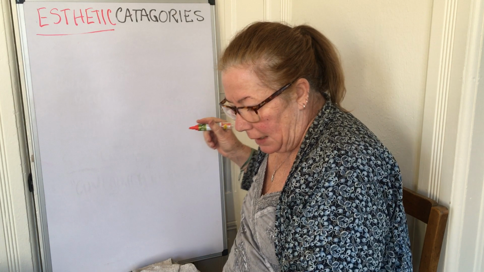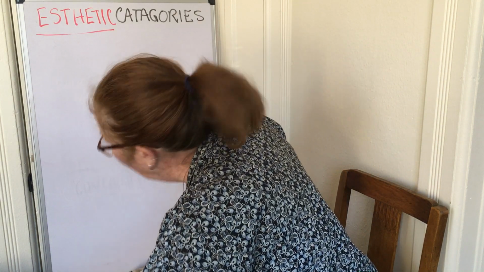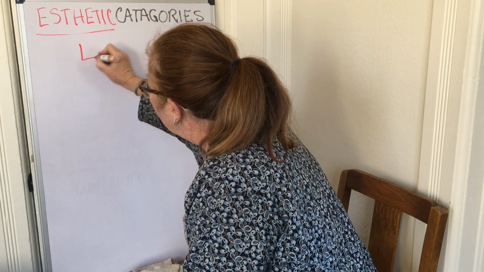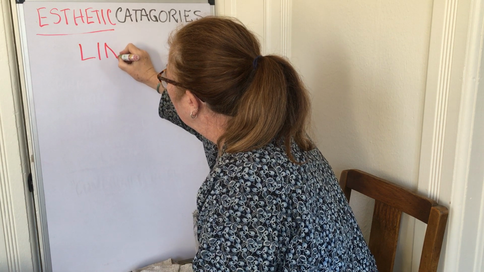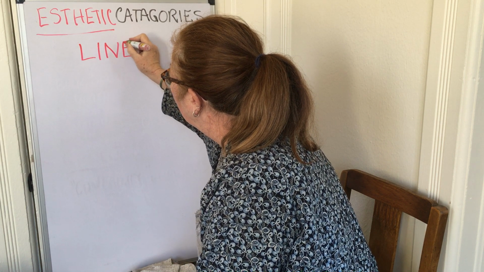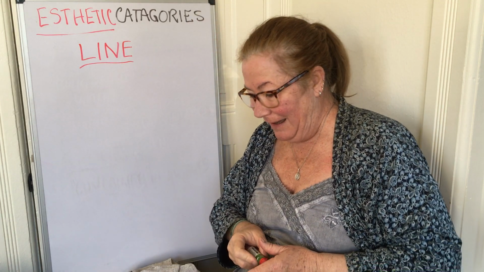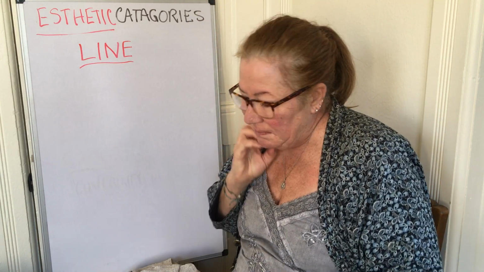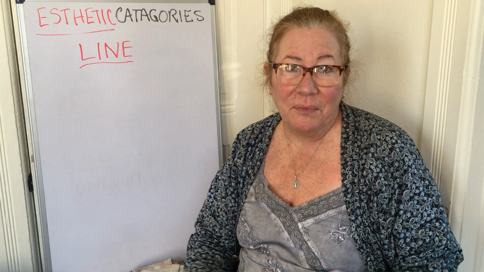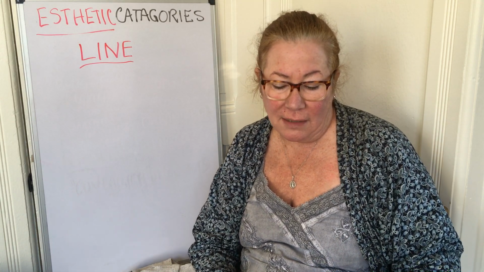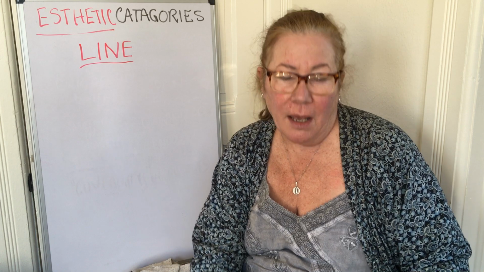Right, so next we have line. And line is one of those things. We talk about line a lot in art. It's one of the most important and sometimes most difficult concepts to understand in art.